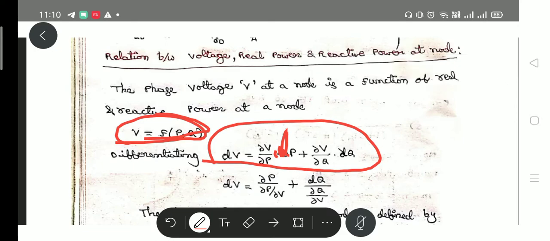Okay, this is the formula. In the form of functions, we can represent it by differentiating this function. We will get dV is equal to dou V by dou P into dP plus dou V by dou Q into dQ. Taking dou V from below, we will get dP by dou P by dou V plus dQ by dou Q by dou V.